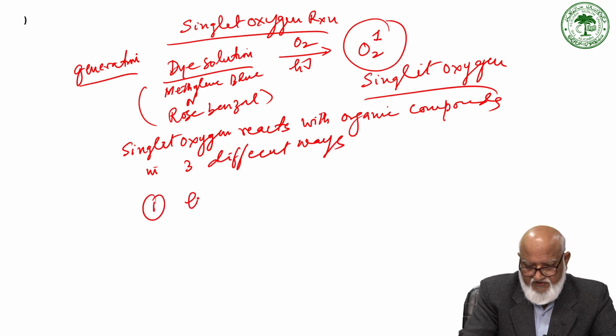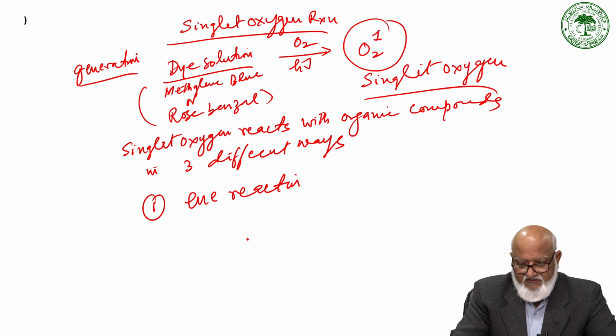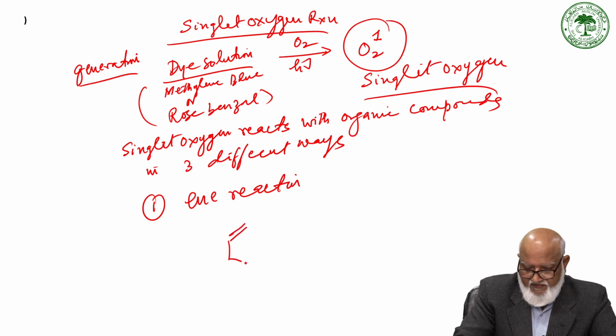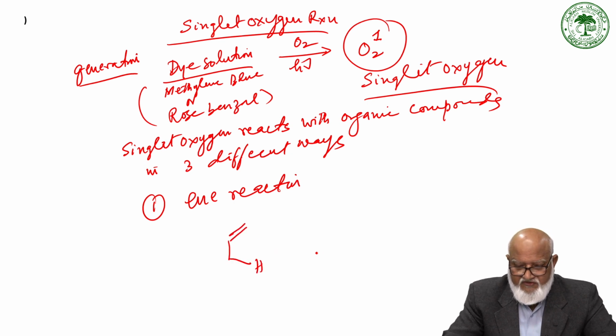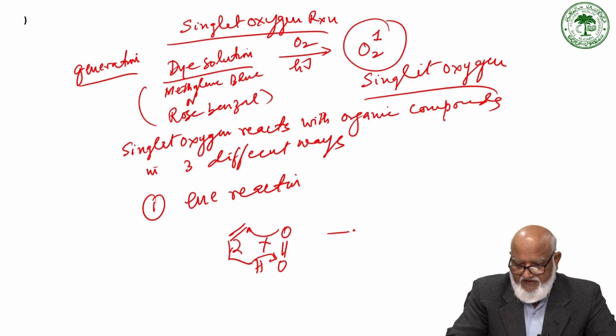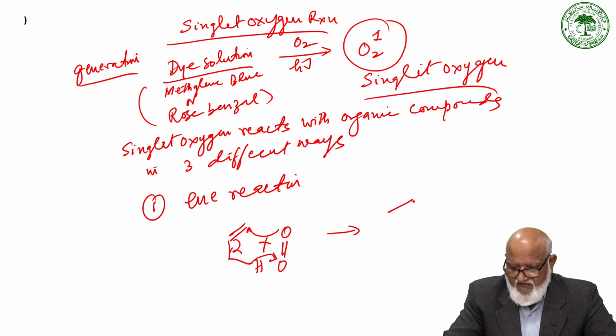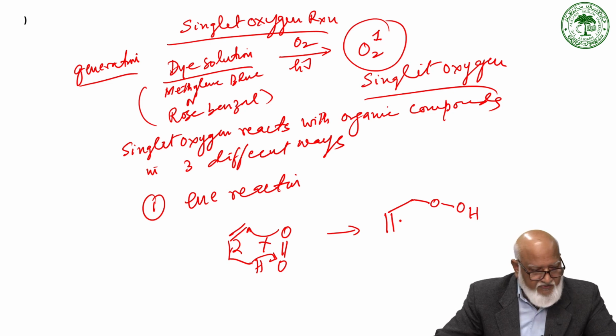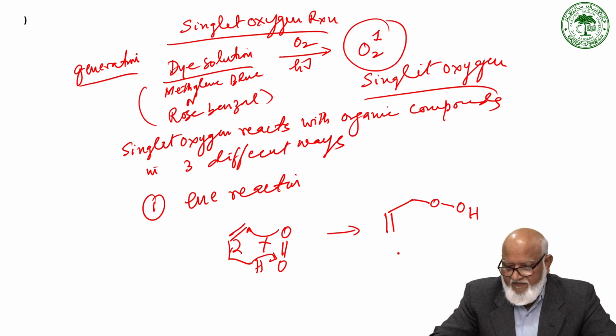Number 1, the ene reaction. So if we have a system like this, and then of course singlet oxygen, it reacts in such a way that we have OOH here, and then of course the double bond. So this is the product, an allylic hydroperoxide.